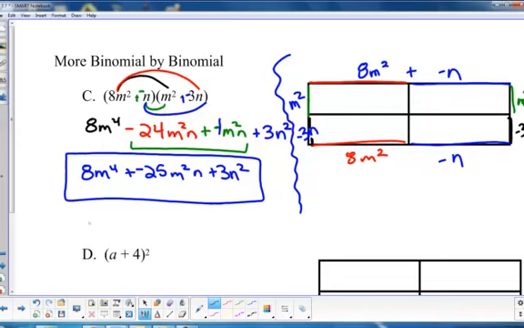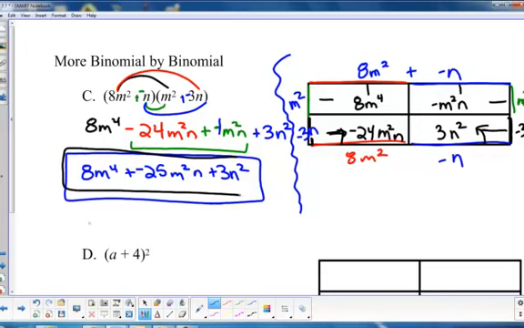Really watch those negatives. Don't lose any of them. So 8m times the m squared is 8m to the 4th. Negative n times the m squared is negative m squared n. I'm just going to stay with alphabetical order here. 8m squared times the negative 3 is negative 24m squared n. And the negative 3n and the negative n gives us positive 3n squared. When you put those together, you get the exact same thing. You don't need to do this both ways, whichever way works for you.